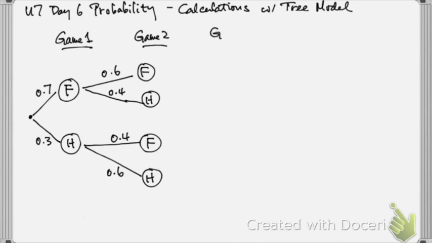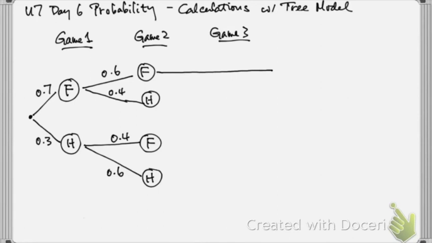All right, let's see what happens at game 3. If Fremont wins the first and the second game, then game 3 doesn't even need to be played. Fremont won the series already, so we'll just leave it like that. What about if Fremont won the first one, Homestead won the second one?